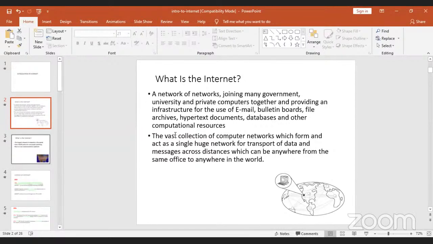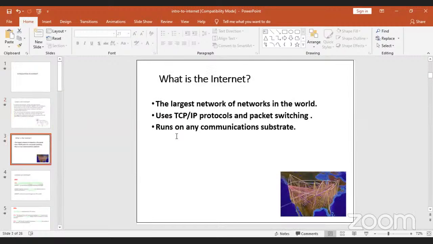So, in short, an internet is the largest network of networks in the world. Now, it uses TCP/IP protocols and packet switching. I'm going to be talking more on that later before I end this lecture. And it runs on any communication substrate. So the communication doesn't just work on some communication substrates.